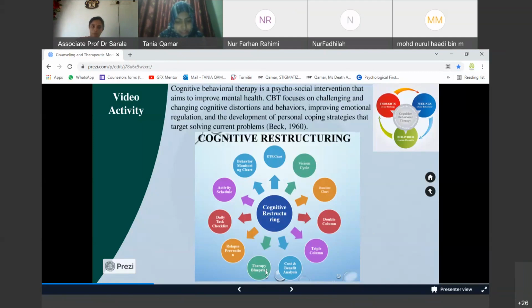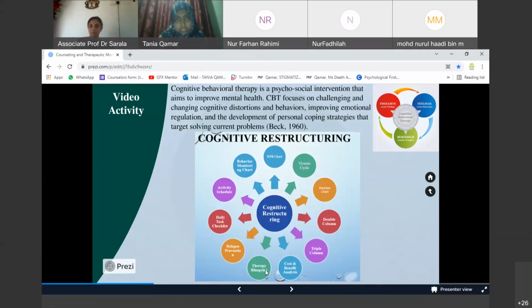And lastly, we use the therapy blueprint. In the therapy blueprint, we ask our patients some questions, such as what type of things or strategies you learned from all your sessions. If you feel uncomfortable, or sad, or lonely, who are the three persons you share your problems with first?